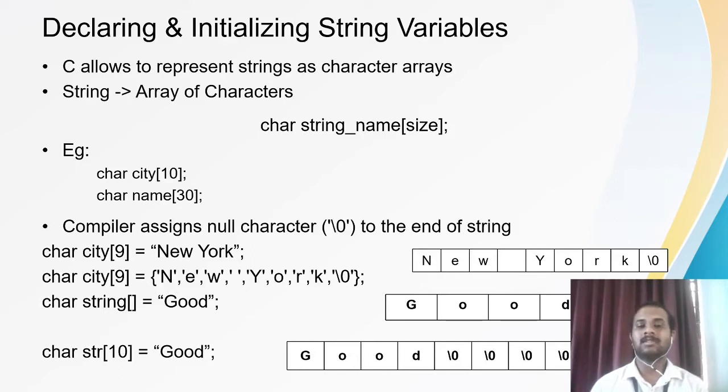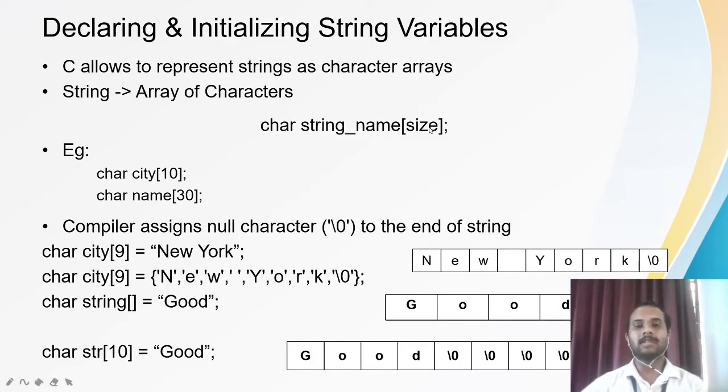So it is going to represent the string in the format of a character array. As I already mentioned, you are not going to have a string data type, you are going to have the character data type, but along with that you are going to make use of an array. So it is the character type, then the array name, that is the string name, then the size.